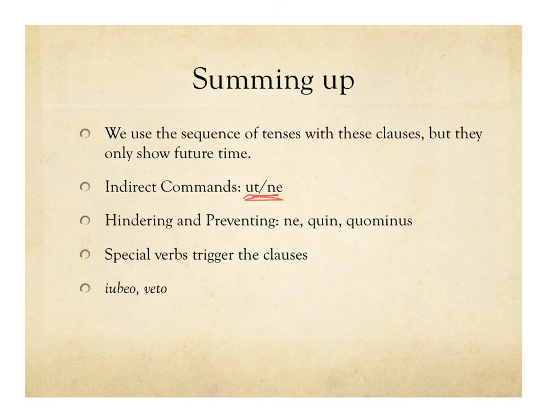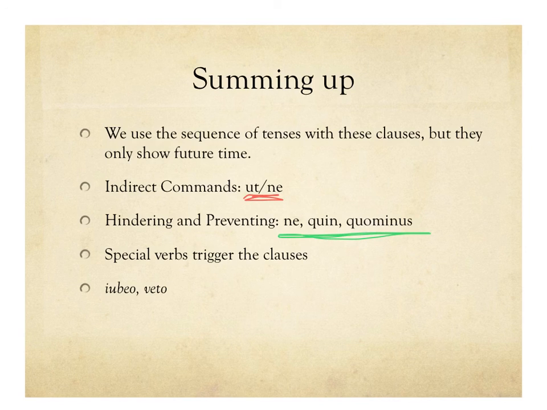Likewise, clauses of hindering and preventing really only appear in the negative, and so you're going to see these words ne, quin, and quominus, and those would tip you off, especially when you think about having a verb like deterreo, prohibeo. That's going to say, aha, I'm preventing or stopping someone from doing something, and so that's going to be pretty obvious too.